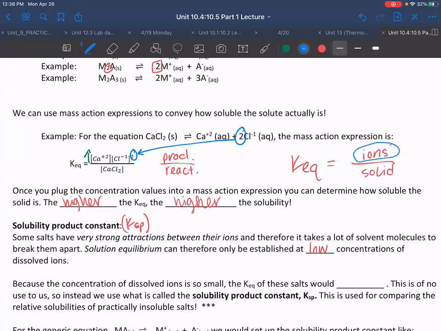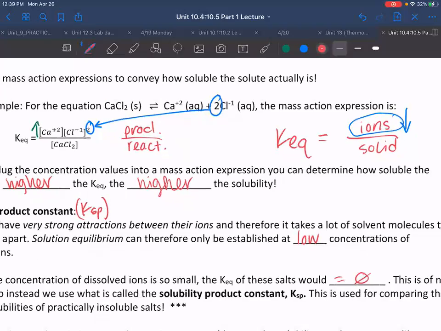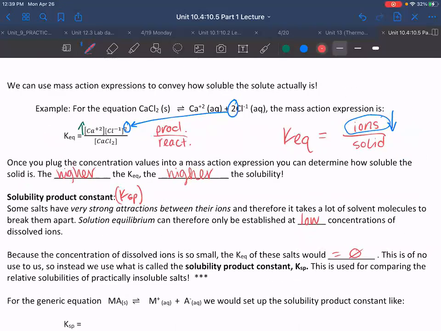If this top part, the ions, if this concentration is really low, what do you think KEQ will start to approach? 0, exactly. So it would equal 0. Because this is of absolutely no use to us, we can't compare salts that are just a little bit soluble because they all would look like 0.